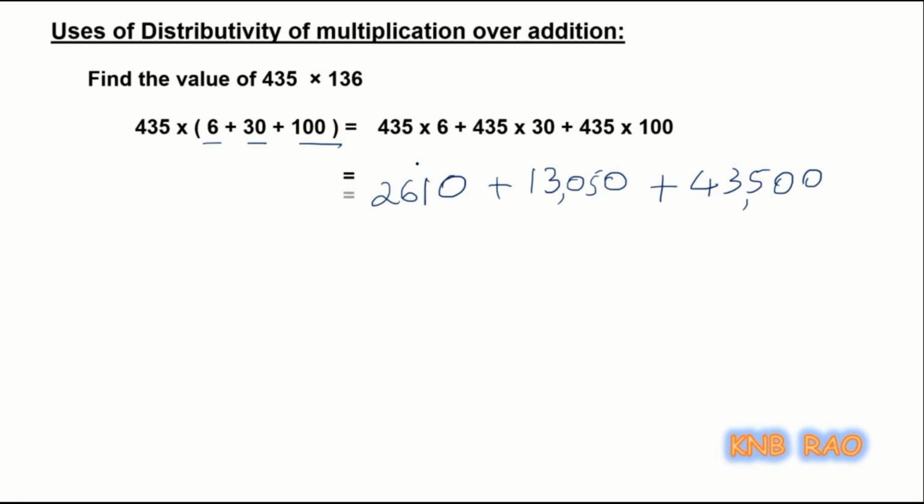Now this sum is easy too. Here we have 43,000 plus 13,000 plus 2,000. 43 plus 13 is 56, 56 plus 2 gives 58, that is 58,000.